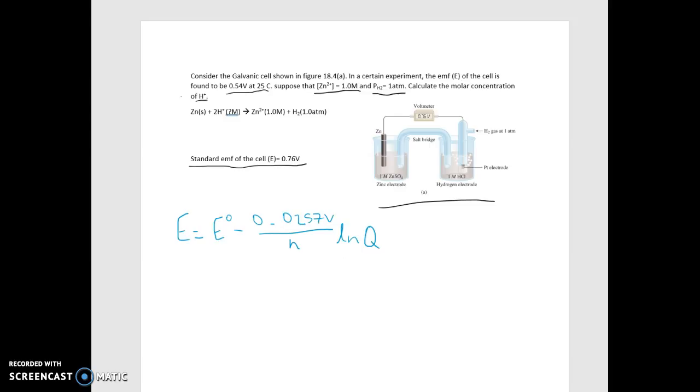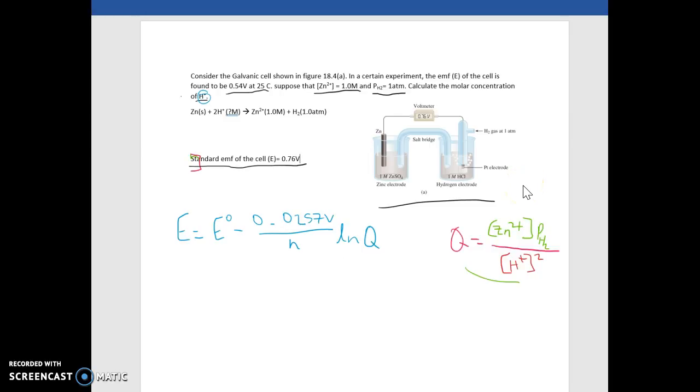Now we plug in to solve for our concentration of hydrogen ions, because our Q is also equal to the concentration of our products over the concentration of our reactants.